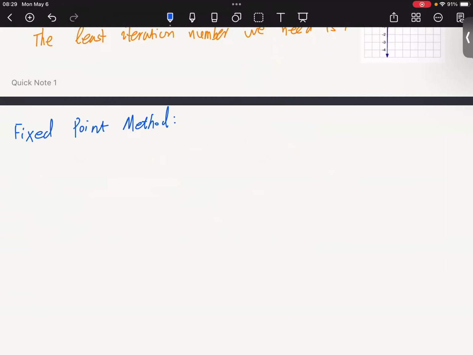Fixed point of a function. So let's see, this is the definition of a fixed point.